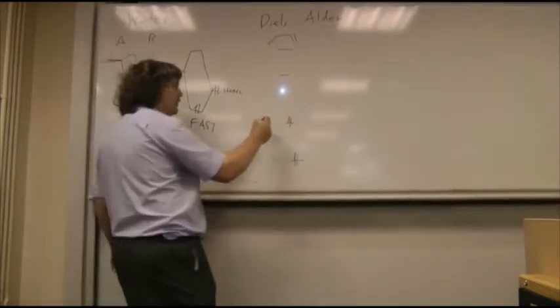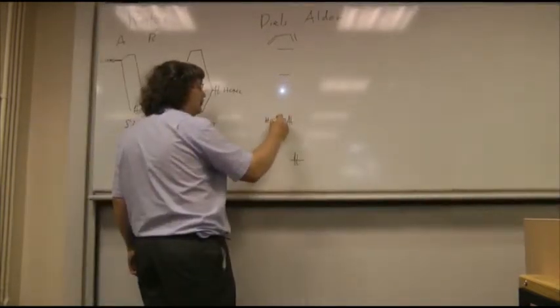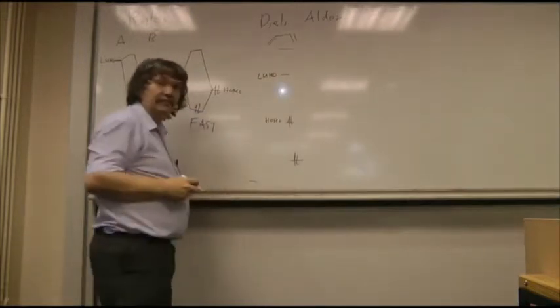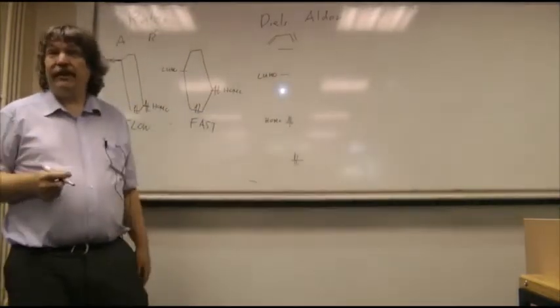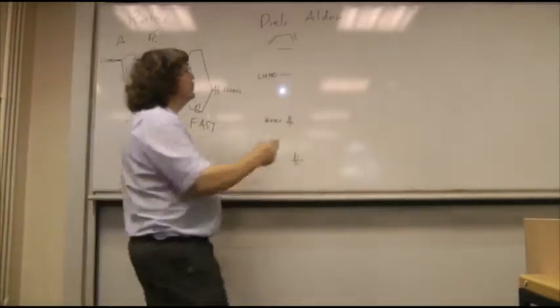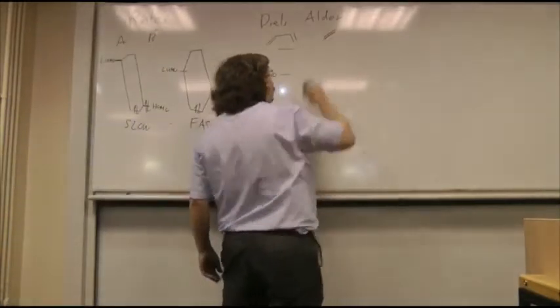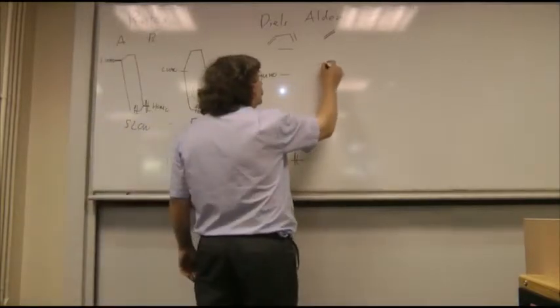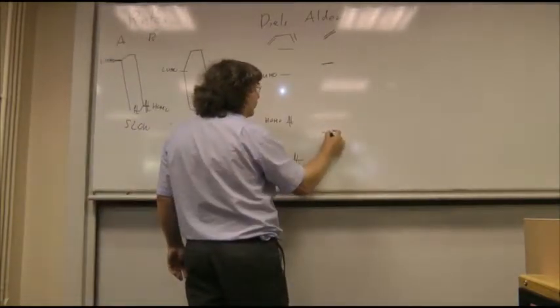Okay, so here I have the HOMO and the LUMO. Let's consider it reacting with ethylene. And what are the orbitals of ethylene going to look like? Well, they're actually going to be, roughly speaking, there and about here.